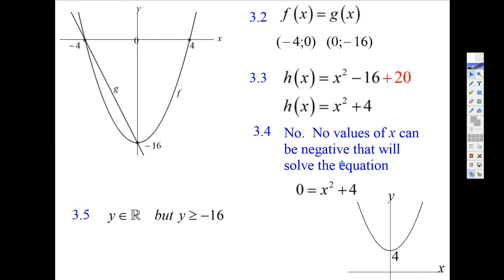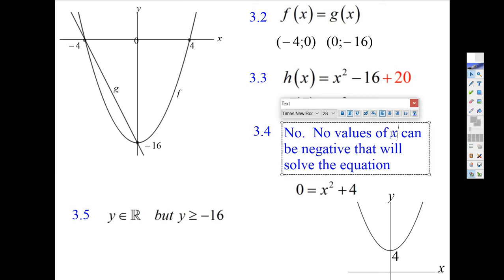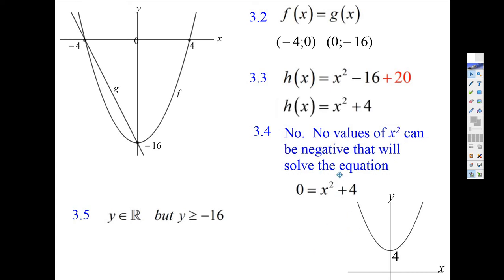X can be negative, but no values of x squared can be negative. So you just can't get this to be negative. So you can't solve this equation. That means there are no x-intercepts. And if you sketched y equals x squared plus 4, it would go through 4. It's happy. It never gets down here to touch the x-axis.